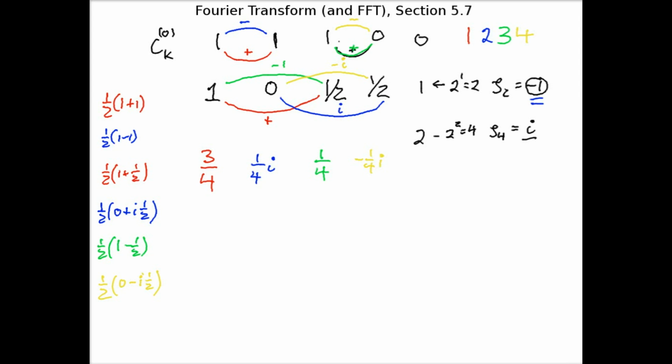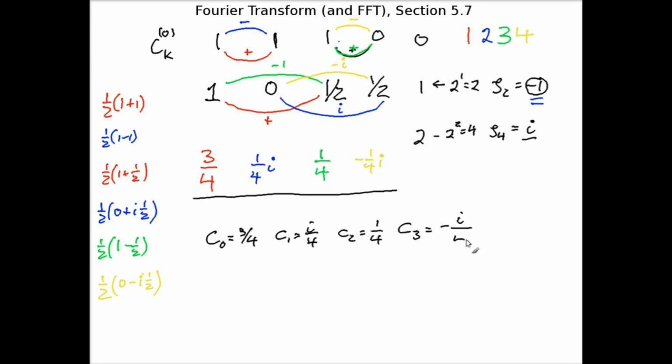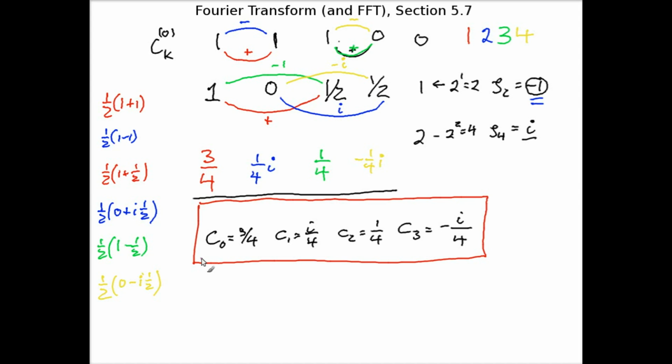And, well, sorry for the colors here. It's maybe a little garish, but this is the answer. So c0 is 3/4, c1 is i over 4, c2 is 1/4, and c3 is minus i over 4. And that's exactly what I got doing it the previous way. And let's just look at how many operations it took.